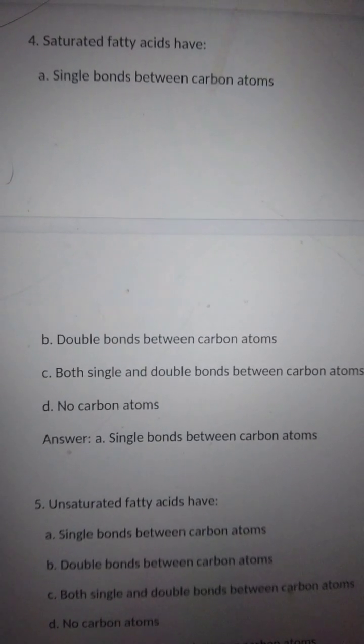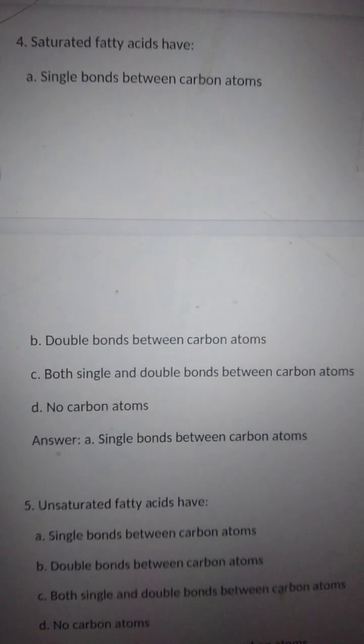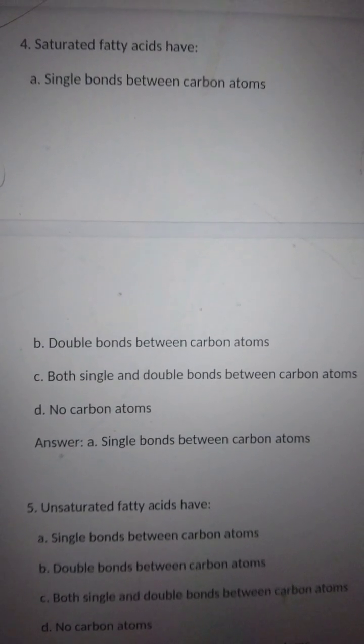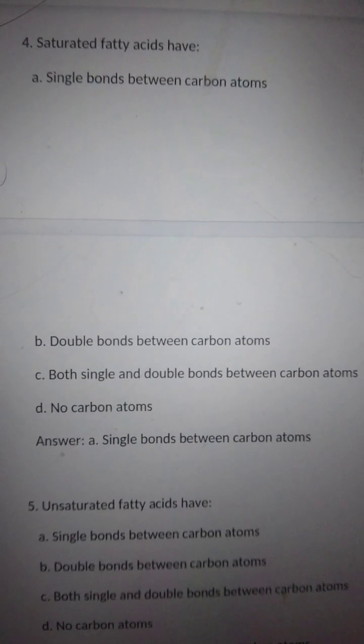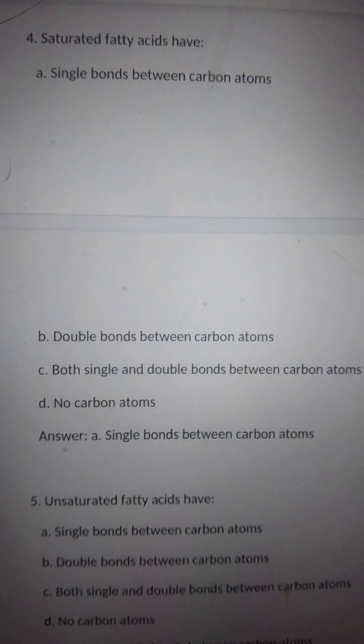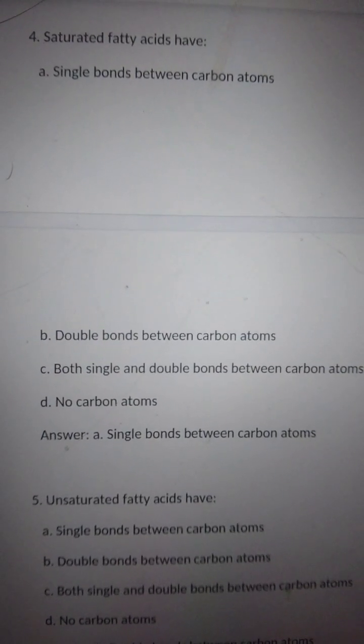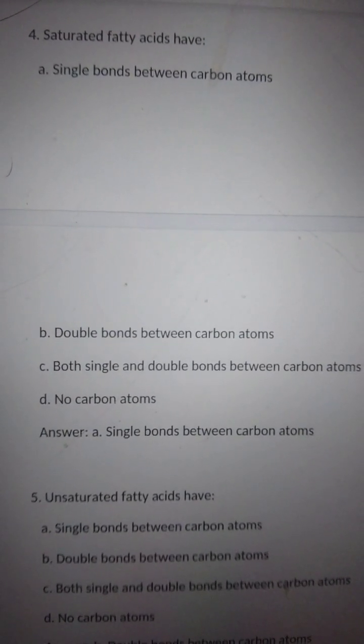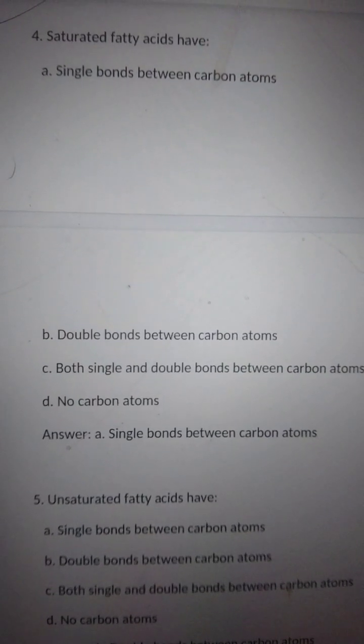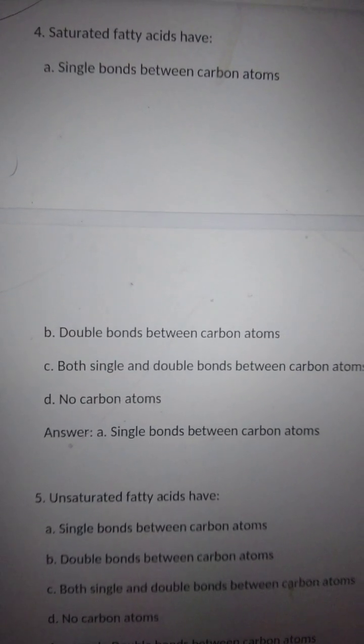Saturated fatty acids have single bonds between carbon atoms, double bonds between carbon atoms, both single and double bonds between carbon atoms, or no carbon atoms?